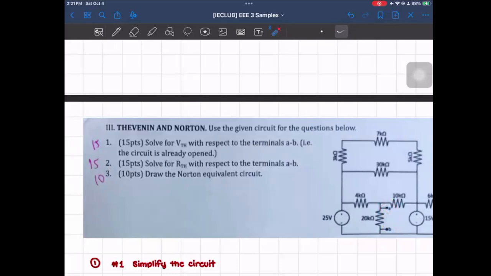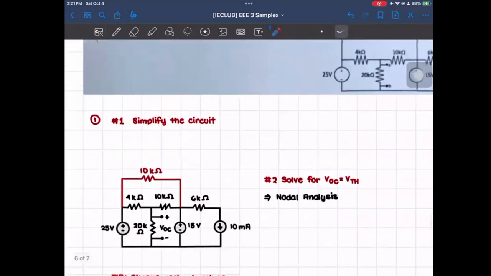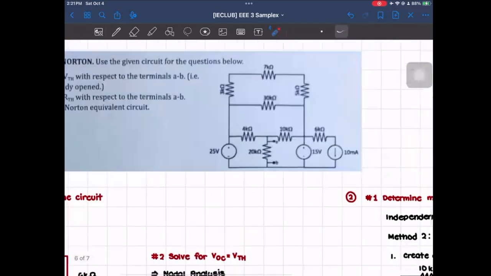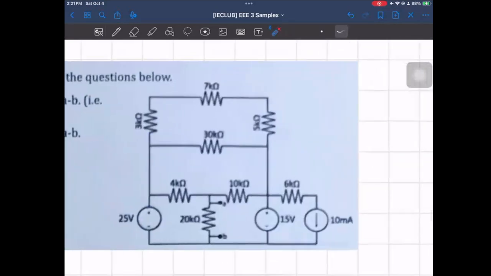and then draw the Norton equivalent circuit. So first, for number one, in terms of solving for VTH, what we could do first is to simplify the circuit. If we look here, we could notice that these resistors could be simplified into one resistor. Based on this, we could do it in two steps.